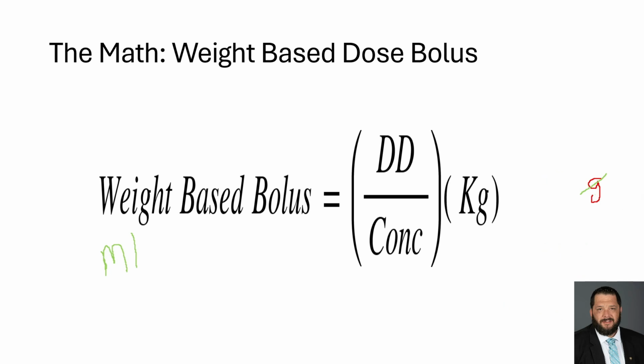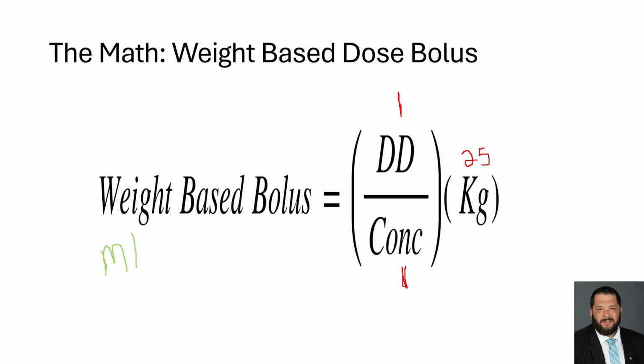So with this calculation, after we've canceled our terms, we now have a desired dose of 1 milligram per kilogram, but we've canceled milligrams and kilogram, over a concentration of 1 milligram per milliliter. Remember, milligrams canceled with the desired dose here, and we moved milliliters out. 1 over 1 times a weight of 25 kilograms.